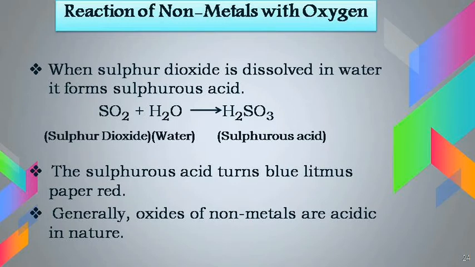So we can say that the non-metallic oxide, which is formed when a non-metal reacts with oxygen, is acidic in nature, because when we test this sulfurous acid which is formed, it turns blue litmus paper red. So we can say that generally oxides of non-metals are acidic in nature.